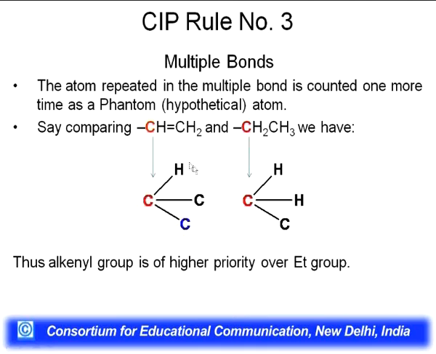So the alkenyl group gets higher priority over the ethyl group. One thing you should understand here is that the phantom atom or hypothetical carbon behaves in the same manner. It has no different properties, because we are just putting a virtual carbon to show that the red carbon was making 2 bonds with another carbon. Just to depict that, we are putting another carbon here.